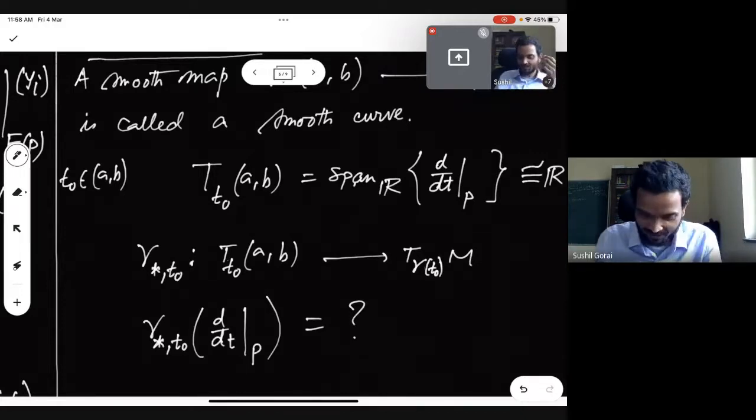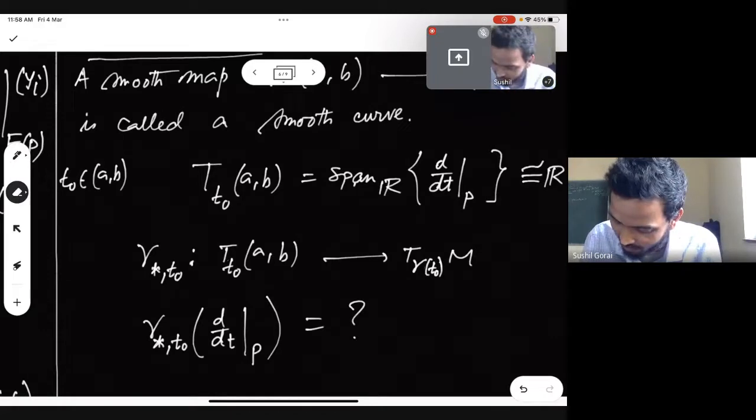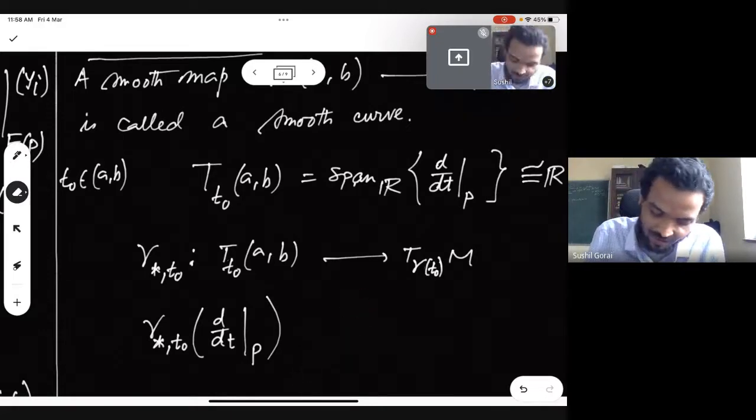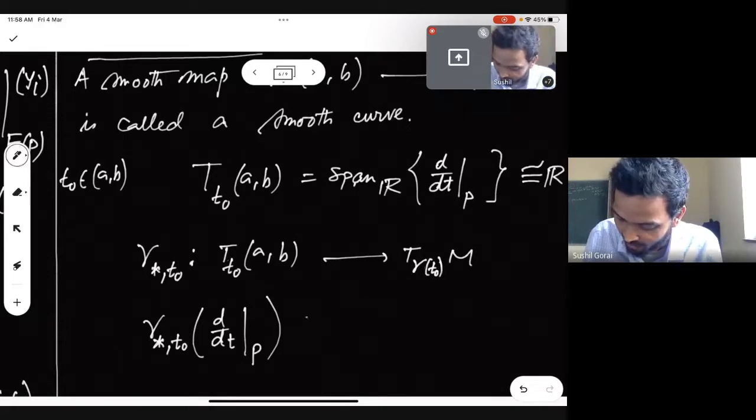Well, this depends on the components of gamma. So this will actually be a tangent vector here.